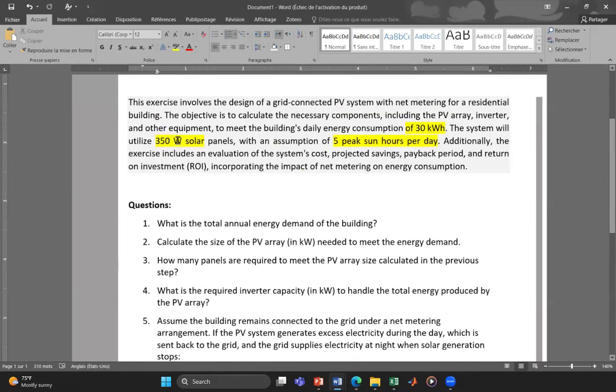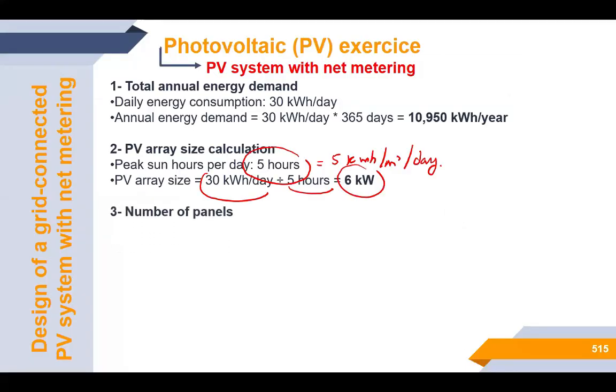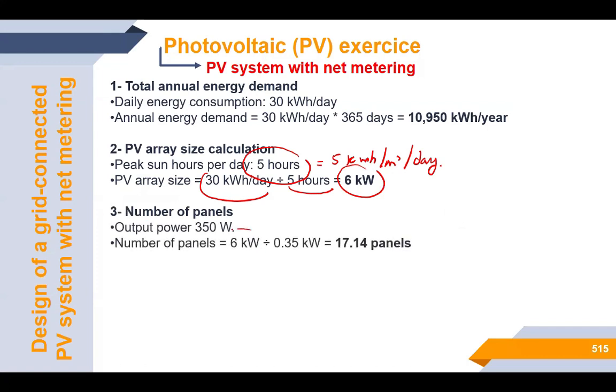The power of each module will be about 350 watts, and the total output power of the system is about 6 kilowatts. So the number of panels is the total output power of the system, 6 kilowatts, divided by the output power of each module, which is 350 watts.